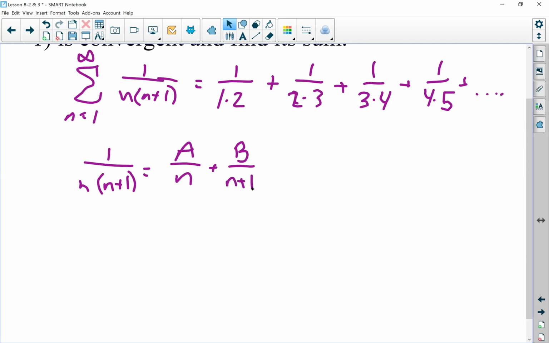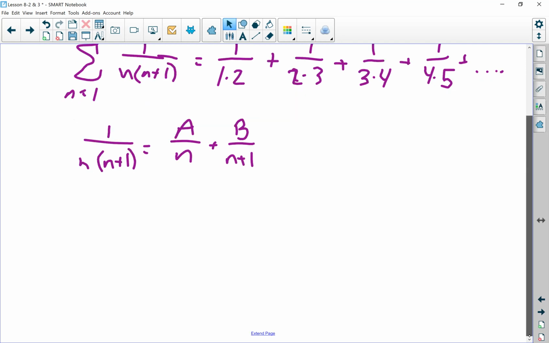Look familiar? Yes, this is something that you will be required to know for the AP exam, this partial fractions thing. We used it for integrating, but it can be used obviously for other things as well.